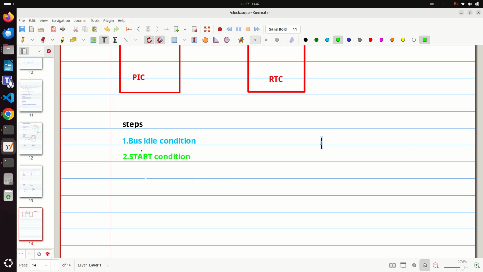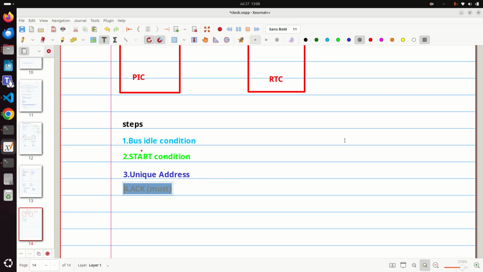Whatever the microcontroller transmitted has to match that device. That is the third step. Now after receiving the unique address, the RTC should send an acknowledgement. This acknowledgement is a must. After acknowledging, the microcontroller starts reading seconds, isn't it?